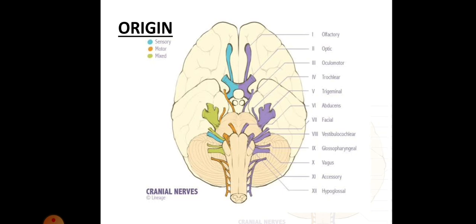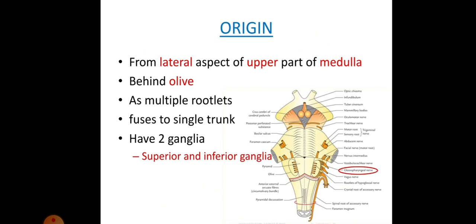What is the origin? These are the olives of the medulla and the pyramids of the medulla. The glossopharyngeal nerve arises from the lateral aspect of the upper part of the medulla, just behind the olive.